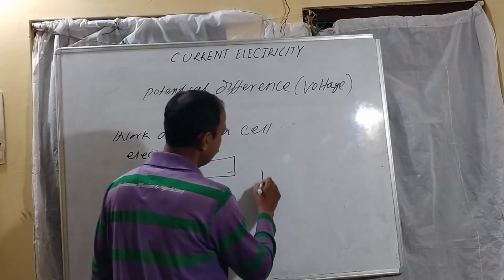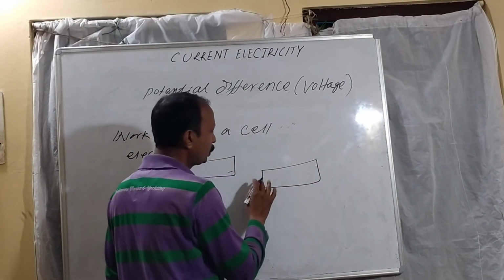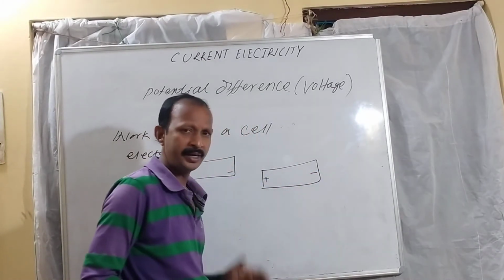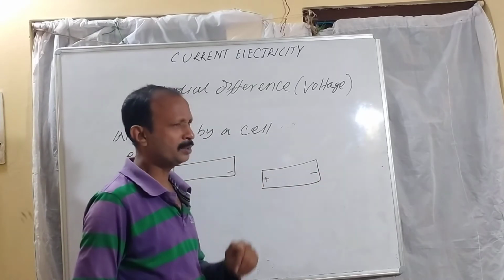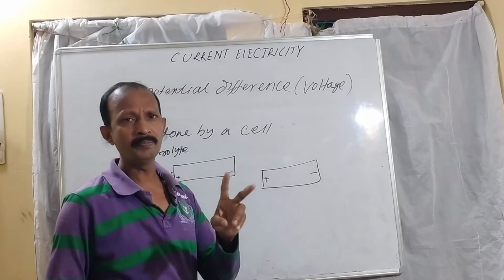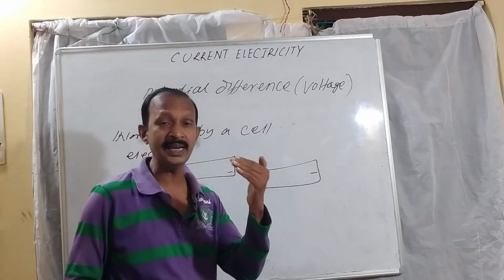In any cell, two electrodes will be there, one positive electrode and one negative electrode. Actually, that cell contains two metallic rods. We say electrodes.